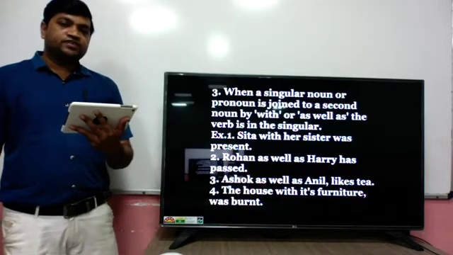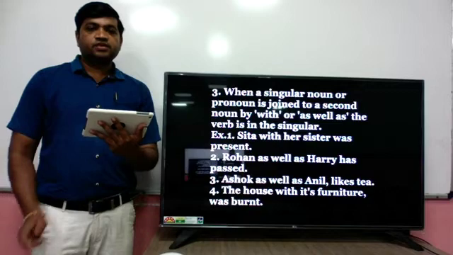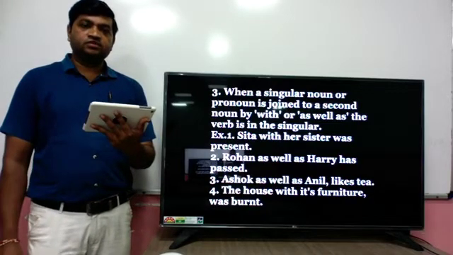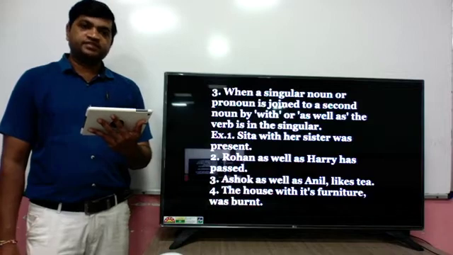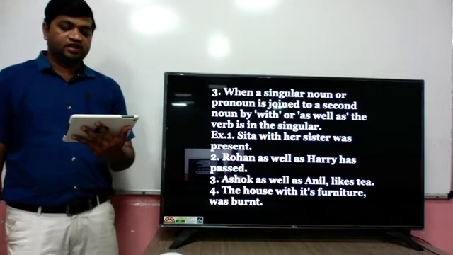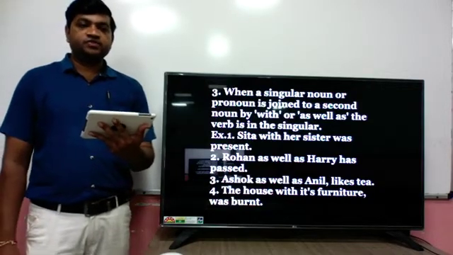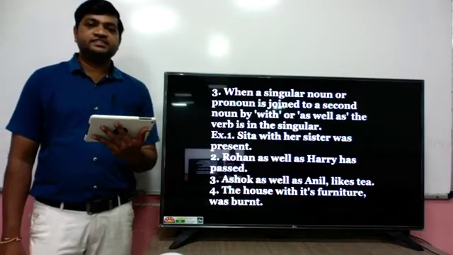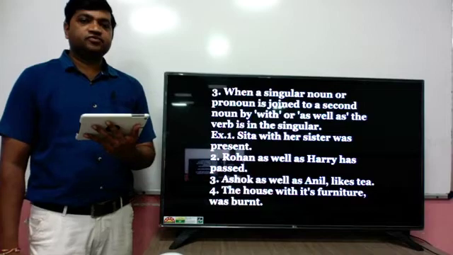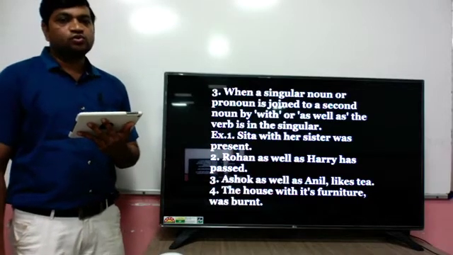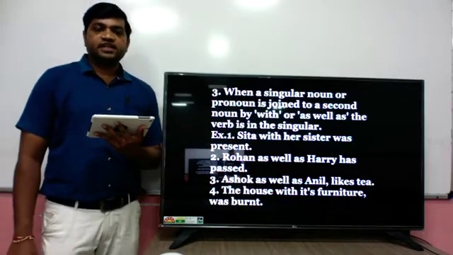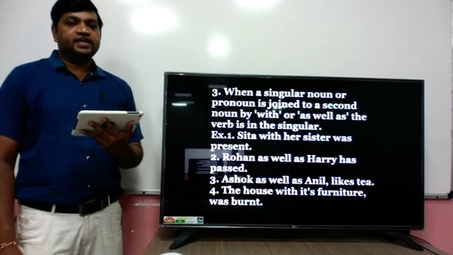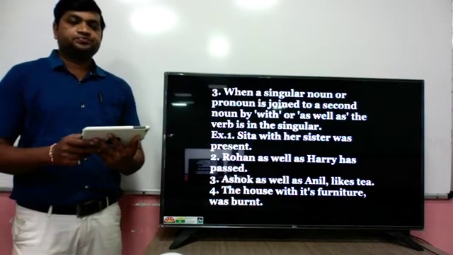Here, house and furniture, two nouns are there, but they are joined with the word "with", so they are considered as a singular. That's why after furniture we use "was", a singular verb. So when "as well as" and "with" are used between two nouns, we consider that pair of nouns as a singular and it must agree with a singular verb.